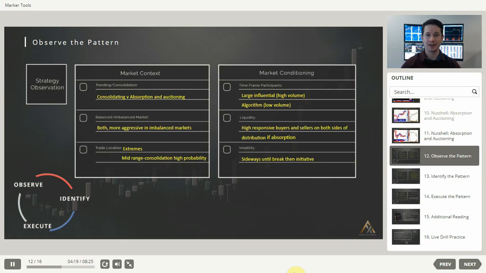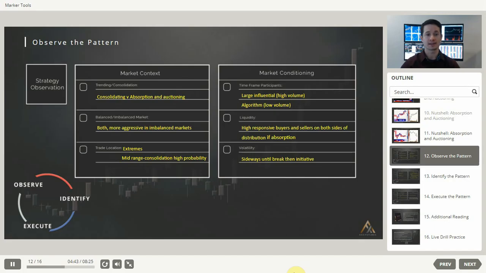We spoke about the key difference being the relative volume. Now, note, we also spoke about dark shades with regards to absorption and auctioning, as well as the potential for extension. So obviously, with the strategy of absorption and auctioning, we do want to see those dark colors, and we do want to see not necessarily trending, but definitely not consolidation.